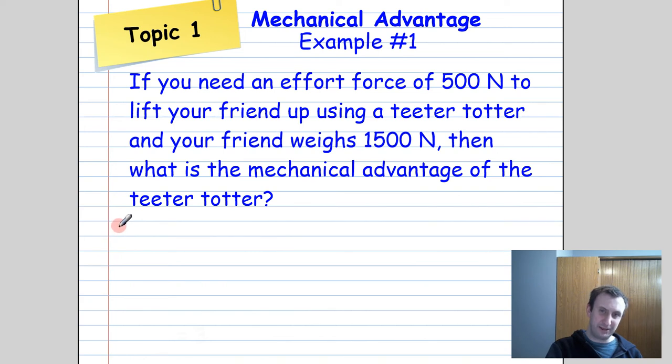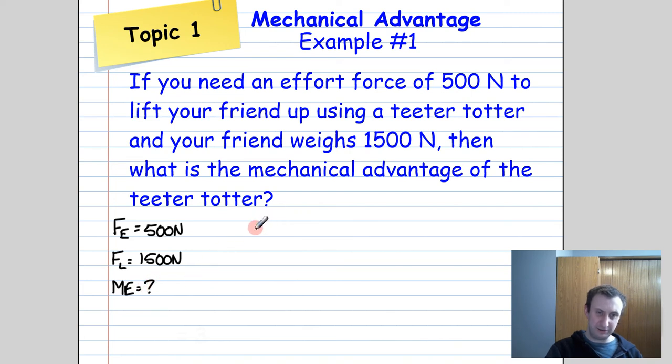We have an effort force, so let's write that out as Fe, force effort, 500 newtons. It's always going to be newtons. And then I have a load force, because the friend is the load, equal to 1500 newtons. I want to know the mechanical advantage.